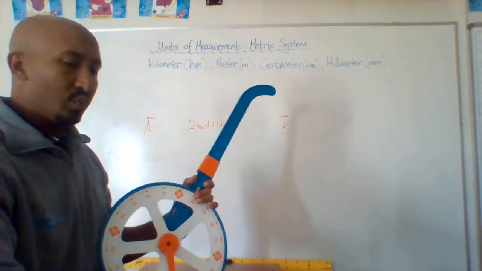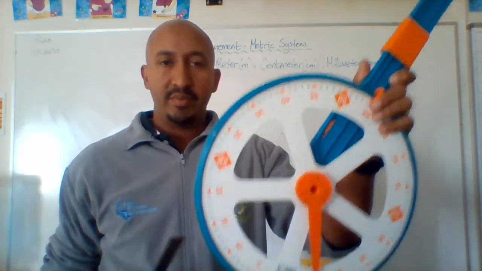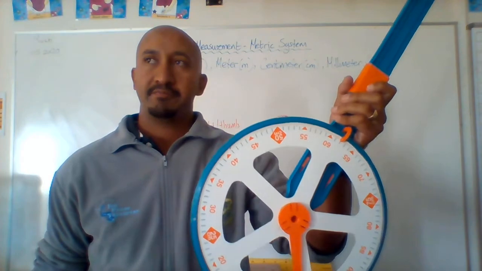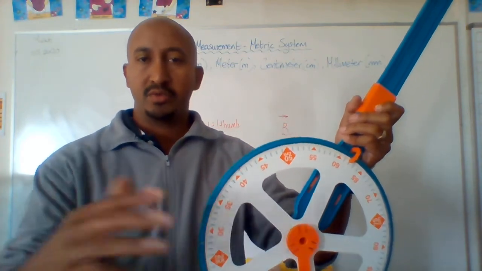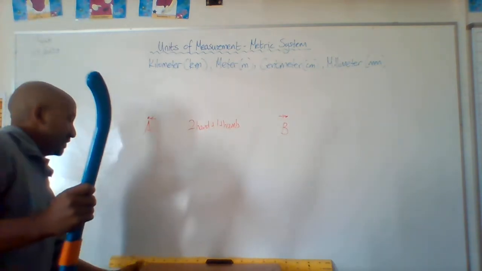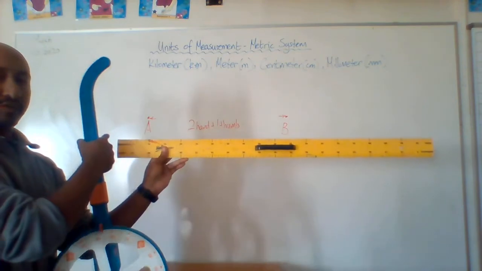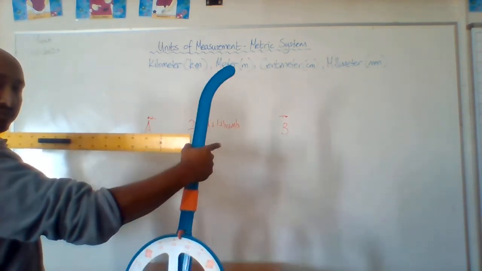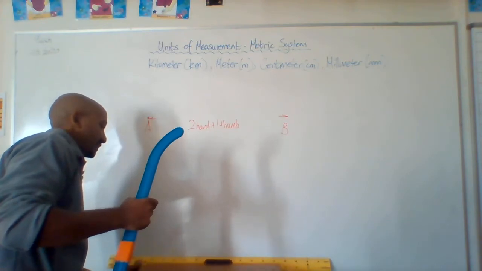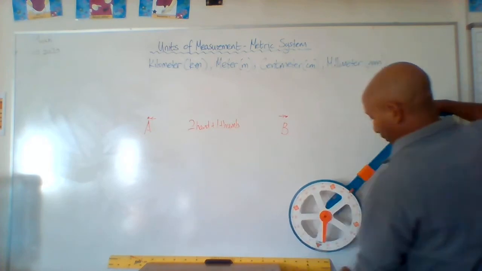Now it might seem weird that a straight edge can be measured by a circle, but think about this being used to measure the length of a soccer field. You want to mark out your soccer field. Instead of taking a whole bunch of these and laying them down edge to edge and putting your finger on one end and then moving it along to measure the next edge, you can simply use something like a click wheel, where you start on one side.